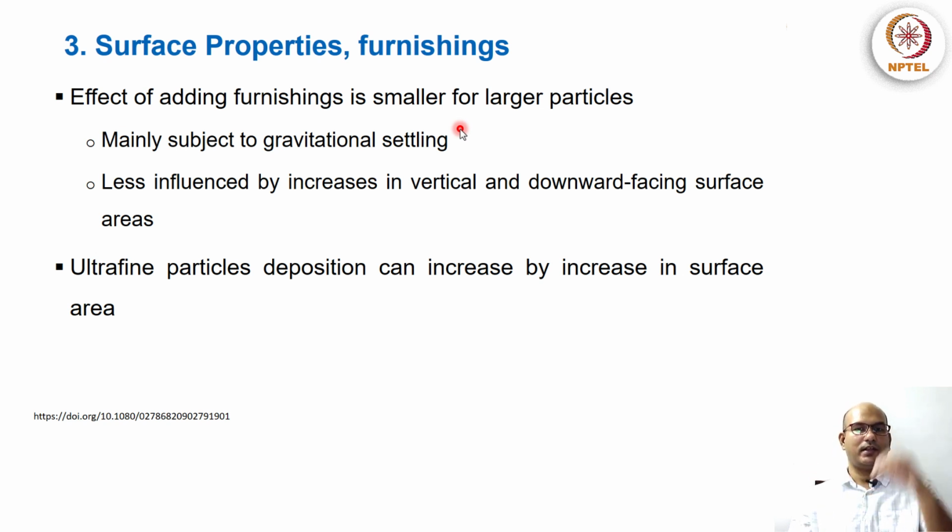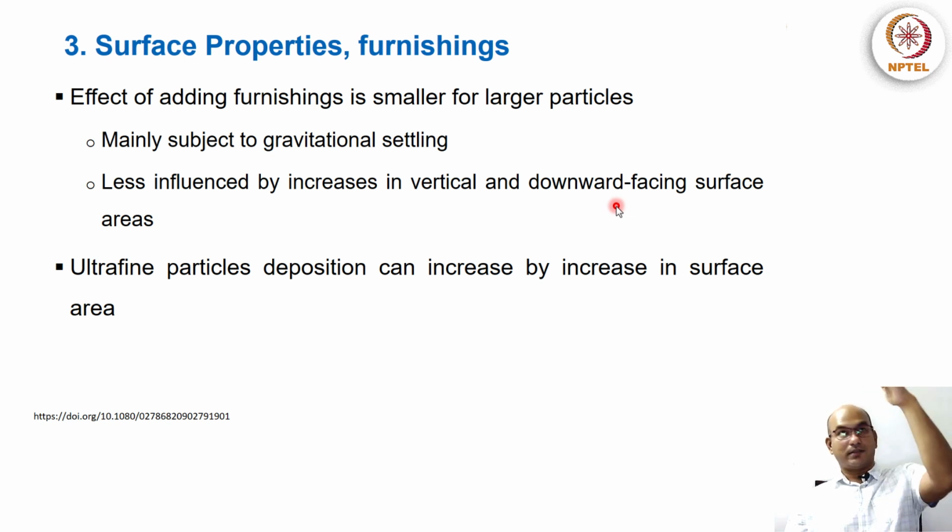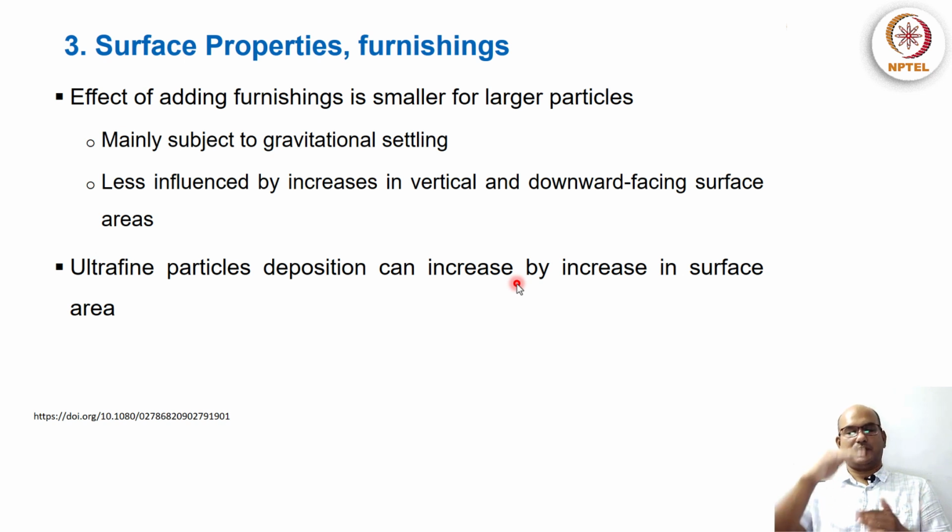So the overall area for gravitational settling is more or less similar, and it is less influenced by the increases in vertical or downward area. But ultrafine deposition can increase, because when we have the upward facing area or side areas from furnishing, there is more area for ultrafine particles to go and deposit to.